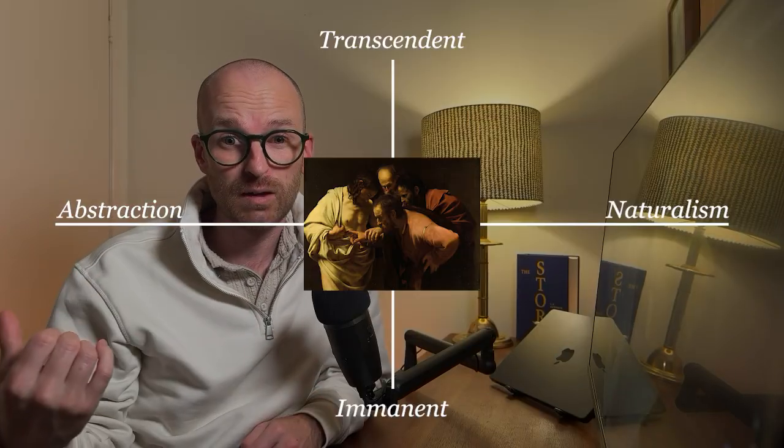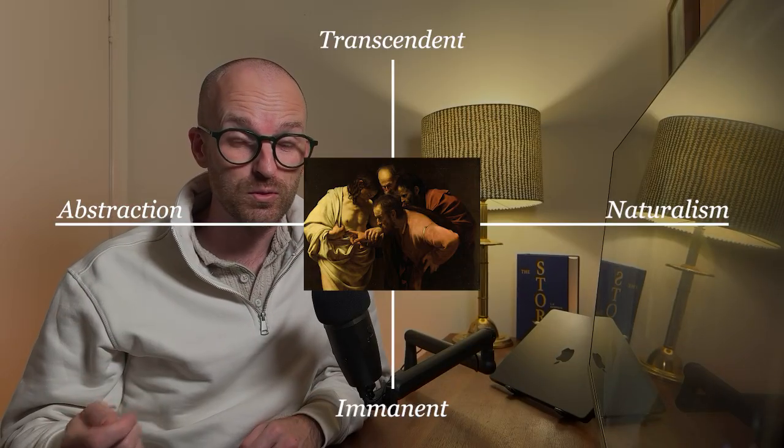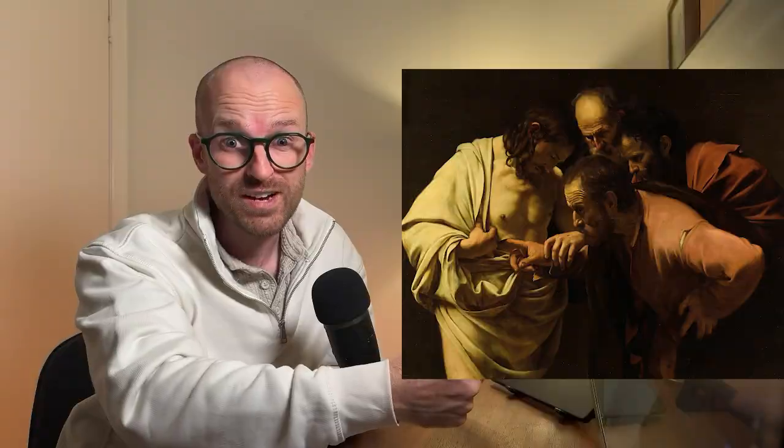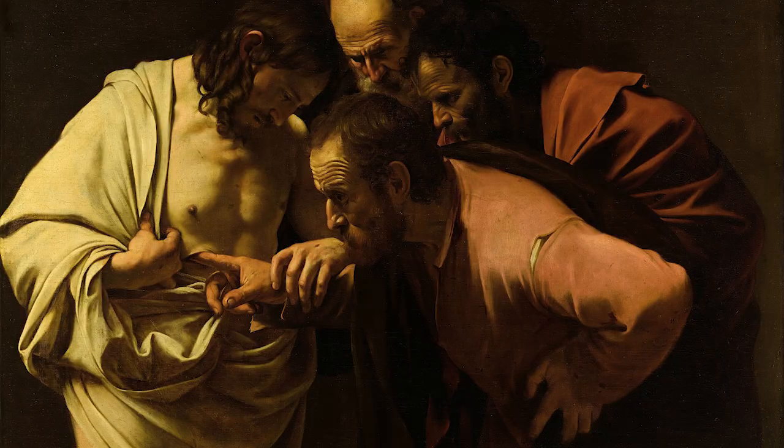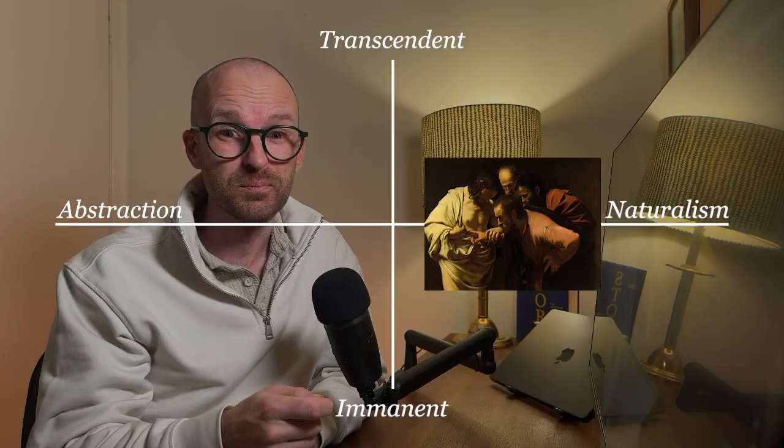Let's move on. Move with me to Caravaggio, The Incredulity of Saint Thomas. Firstly, naturalistic or abstract? I think you would agree with me, it's even more real. I mean, look at the wrinkles in their brow. Look at the torn clothing, the dirty fingernails. This is naturalism. And what's interesting is it's speaking of a divine truth, but it's also quite immanent.